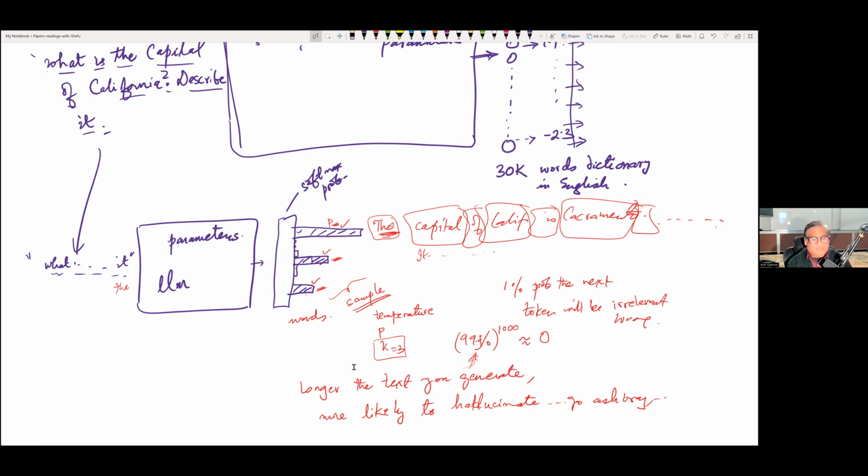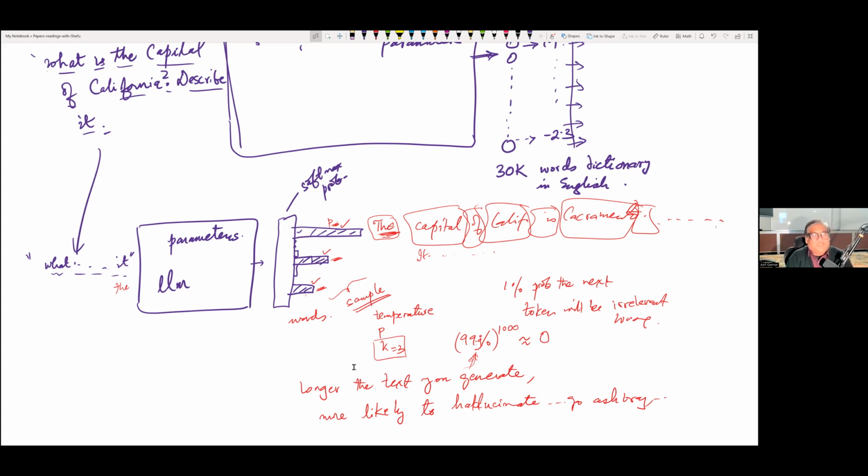Now, I'm oversimplifying the situation because the way these LLM probabilities work is a little bit more nuanced than this. But in a very, very simplistic way, if the probability is 99.9%, you take the 1,000th power of it because you have to be right 1,000 times.